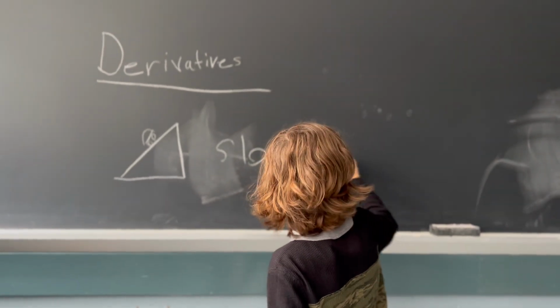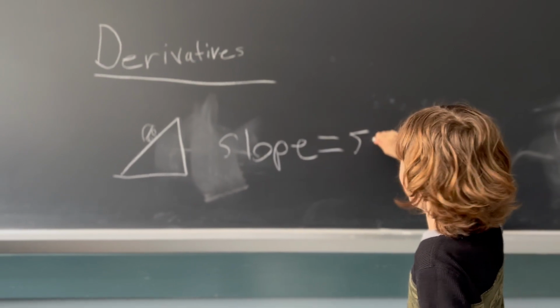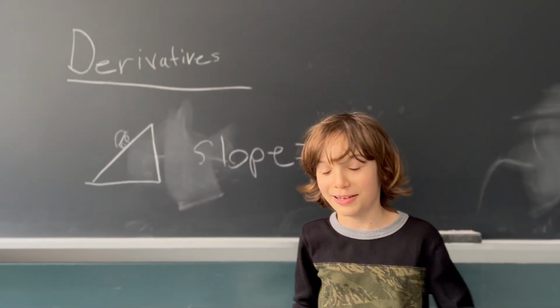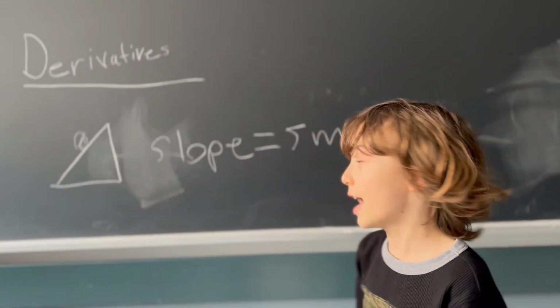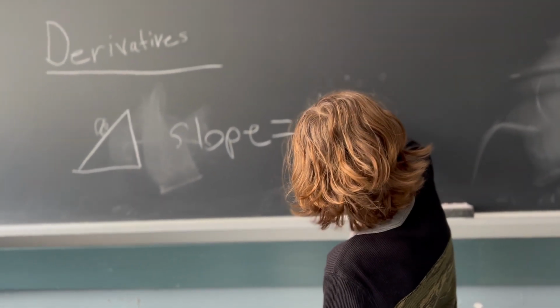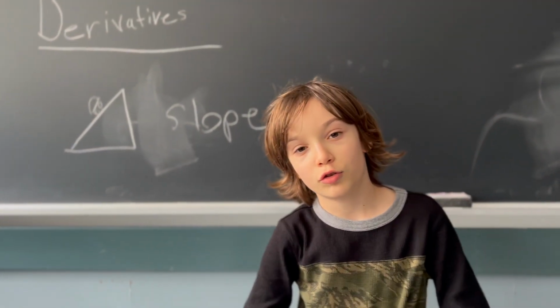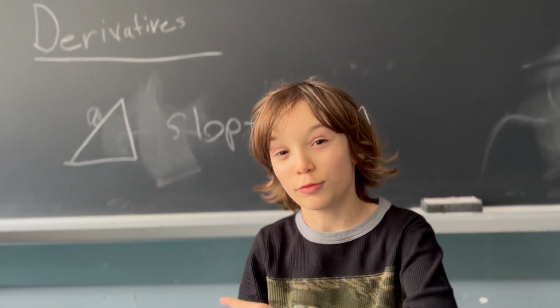Say the slope is equal to 5 meters. It's tiny, but then they have to make it 4.8 meters. So that 0.2 meters, that is the derivative.